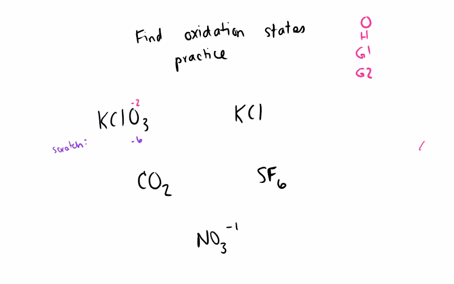Okay. Potassium is in group 1. It has a +1 oxidation number. +1 times 1 is a +1 charge. So +1 plus a -6 gives us -5. So that means our oxidation state for chlorine is going to be a +5.